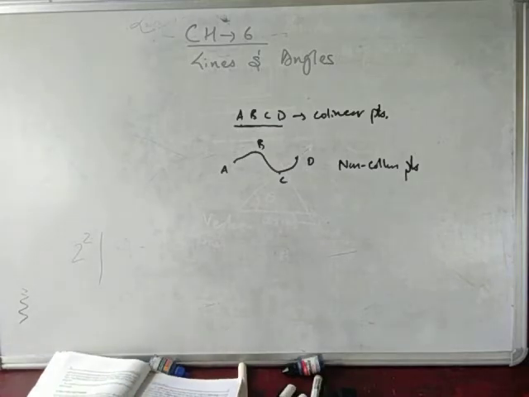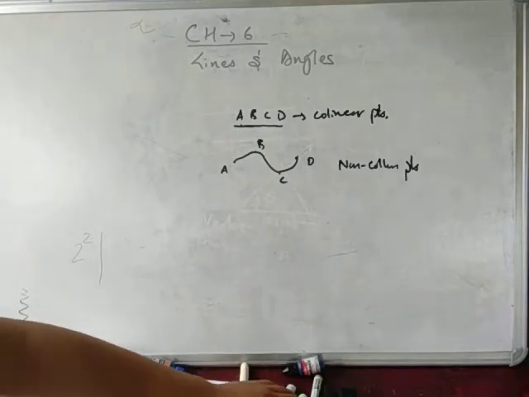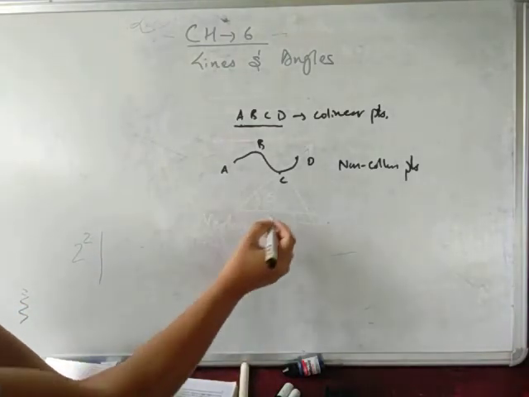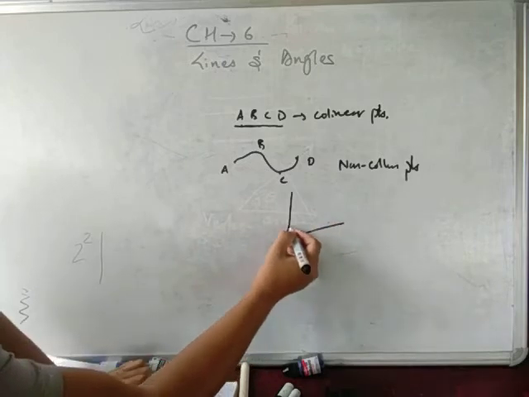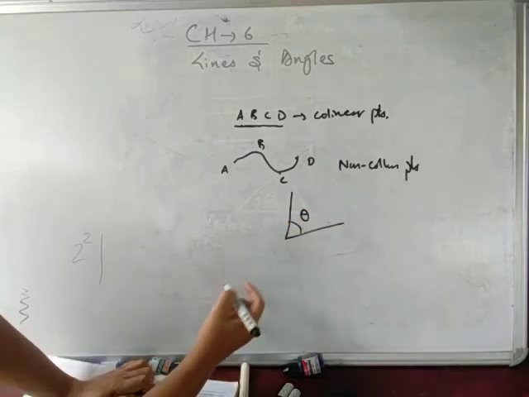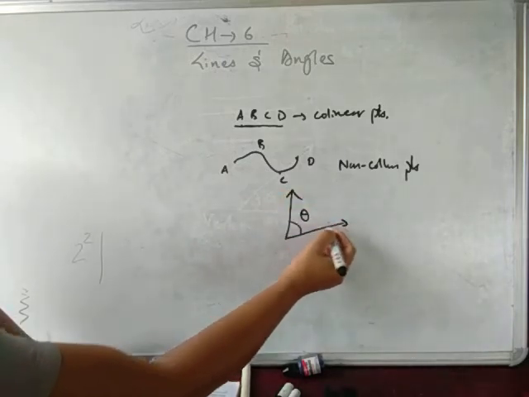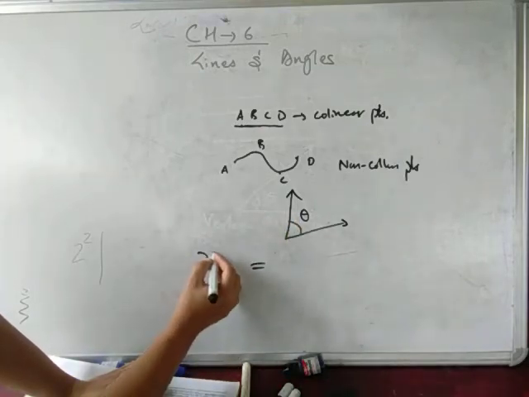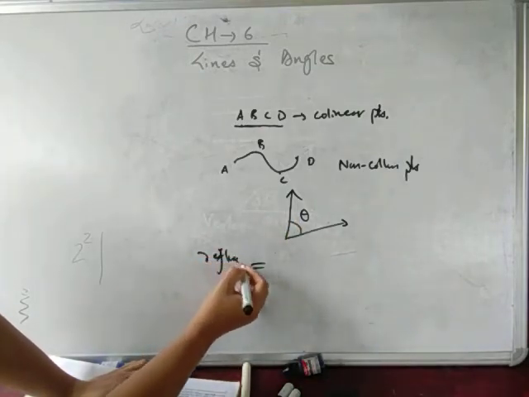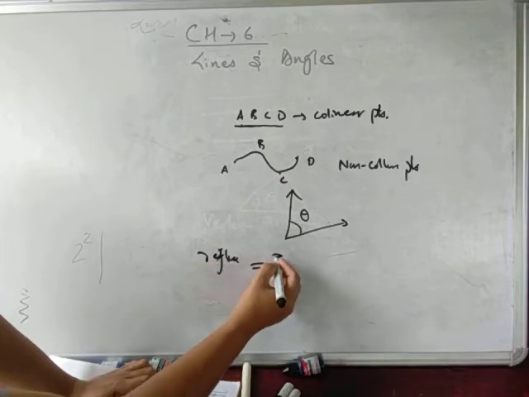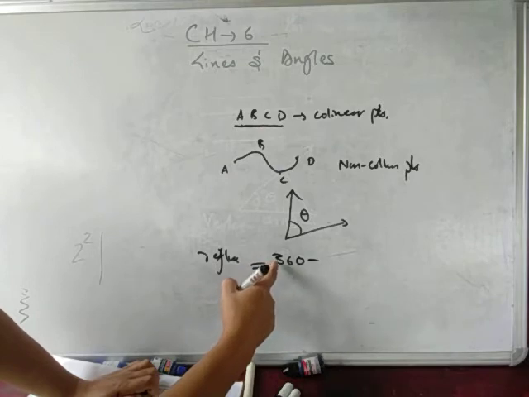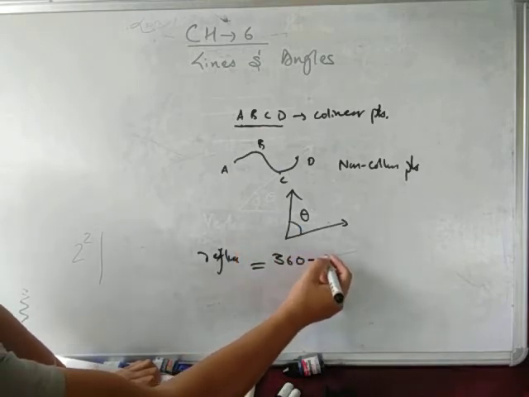Next, you know acute angle, obtuse angle and complementary angle, but in your class we have to discuss reflex angle. If I have an angle theta and I want to find the reflex of theta, from 360 you have to subtract.